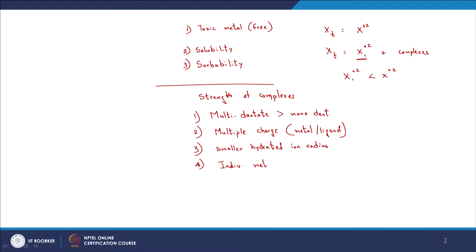And so we then talked about individual metal ligand interactions, right? We classified metals as A metals or B metals, and then we listed the order of preference with respect to the strength of complex for these two kinds of metals.